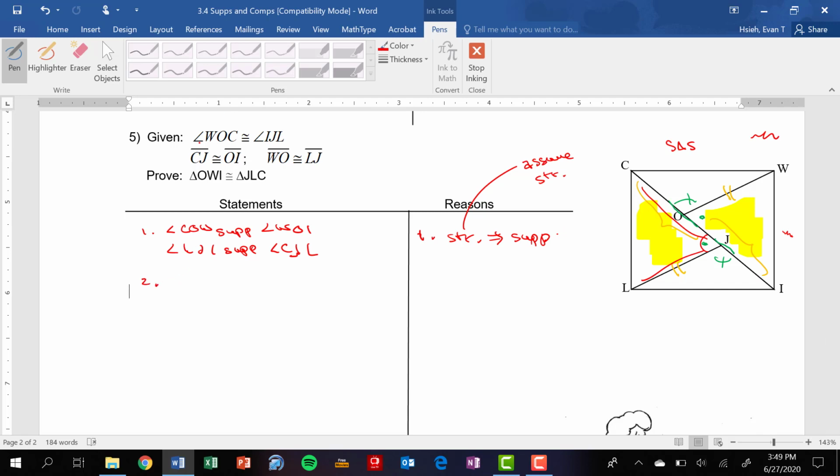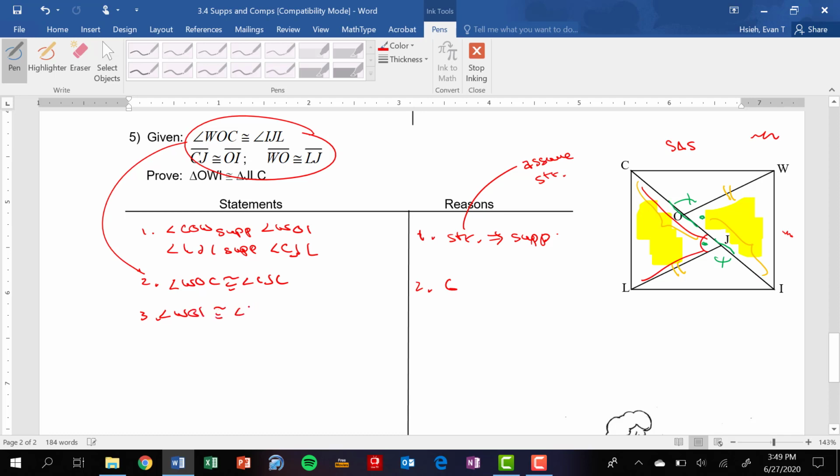And then my given here is that this angle is congruent to that angle that's given. And I can actually put all that in the same thing, if maybe. Let's not do that. Let's put the angle WOC congruent to angle IJL, which means that angle WOI is congruent to angle LJC, because supps of congruent angles are congruent.